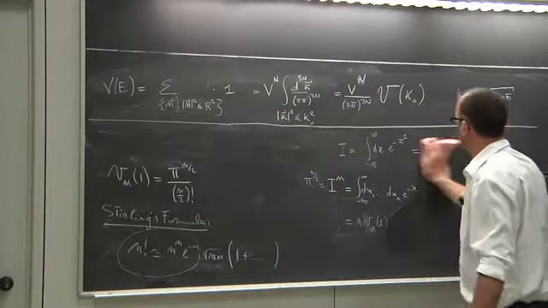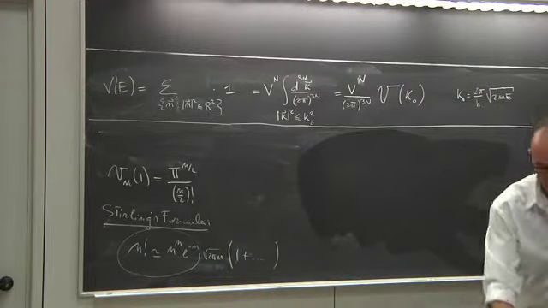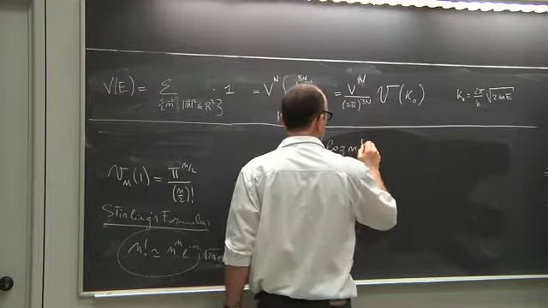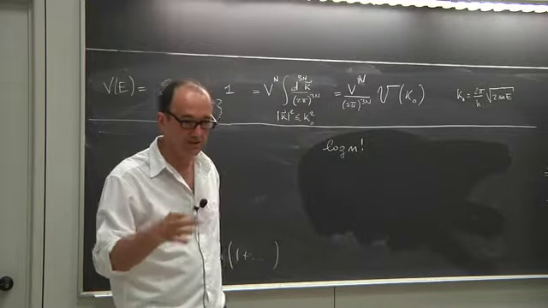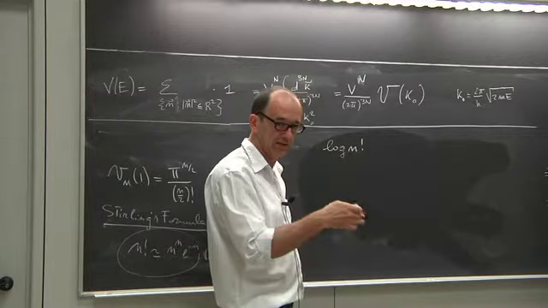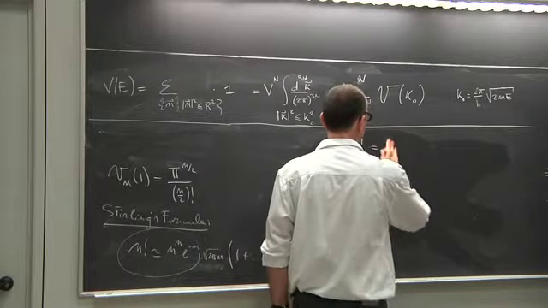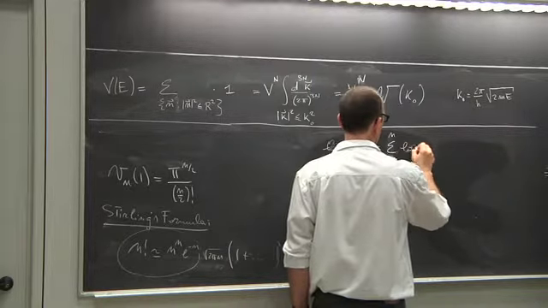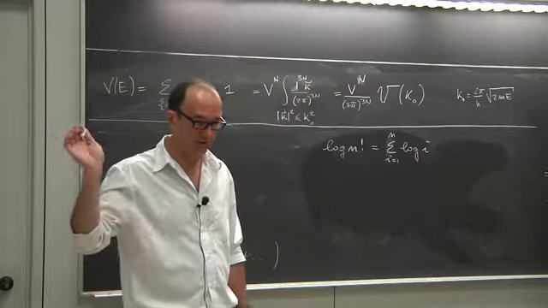So let's try to compute log n factorial. So n factorial is n times n minus 1 times n minus 2, etc., etc. And the log of the product is the sum of the terms. So this is the sum for i equal to 1 to n of the log of i. All the integers from 1 to n, you sum.